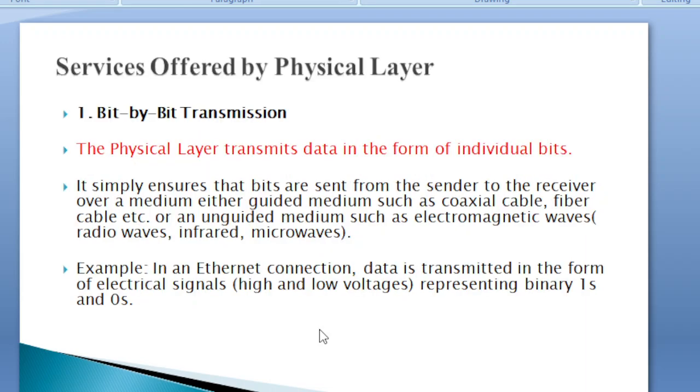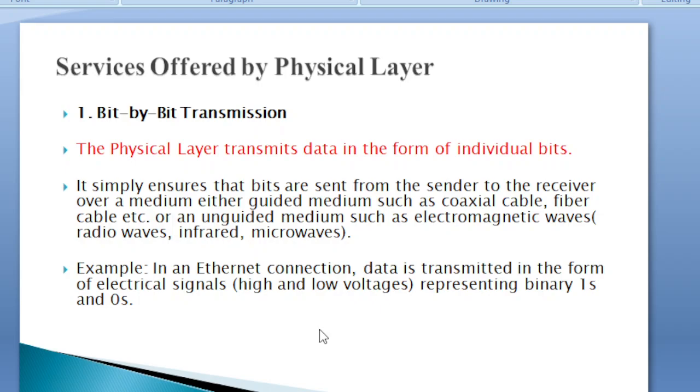The services offered by the physical layer are: the first one is bit by bit data transmission. The physical layer transmits data in the form of individual bits. It does not organize these bits into groups such as packets or frames.